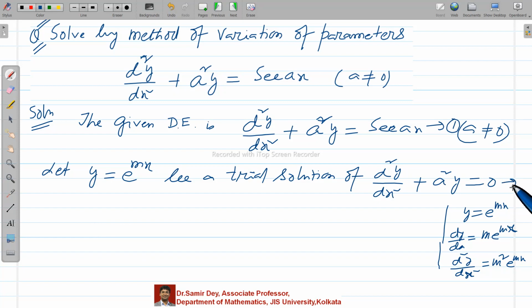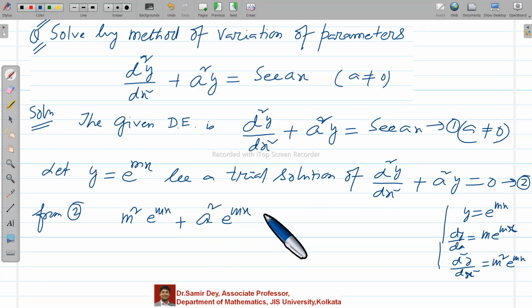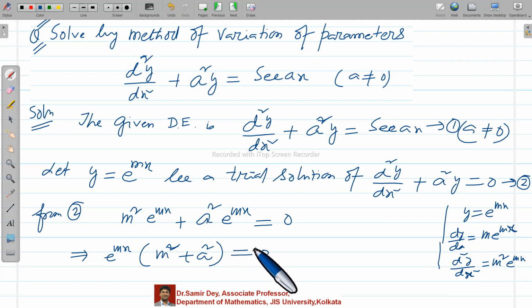this is number 2. So you write down from 2. It is coming m^2 e^(mx) + a^2 e^(mx) = 0. So from here you may write e^(mx)(m^2 + a^2) = 0.